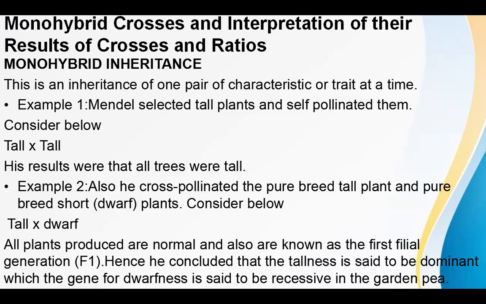So we can see that tallness is what will be displayed, which is why we call it the dominant gene, while dwarfness is recessive. This means the recessive gene is suppressed by the dominant gene.